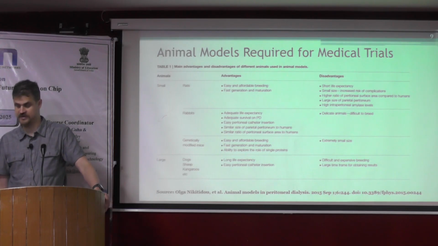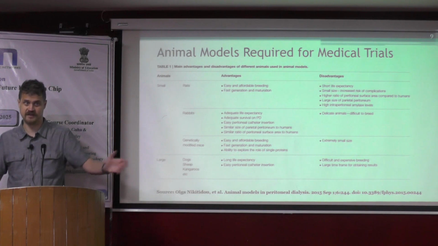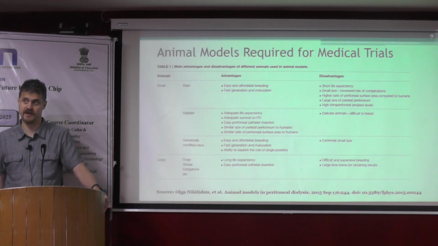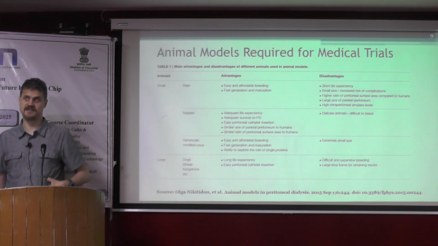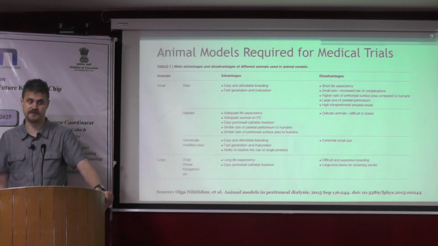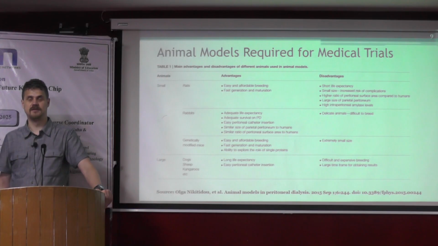And for that reason, we had to choose animals like the pig model. And basically, it's not just time-consuming, it's a huge animal that should be grown in a specific vivarium. They need a specific diet to prevent excessive fat growth, because it can prevent further experimentation with peritoneal dialysis.